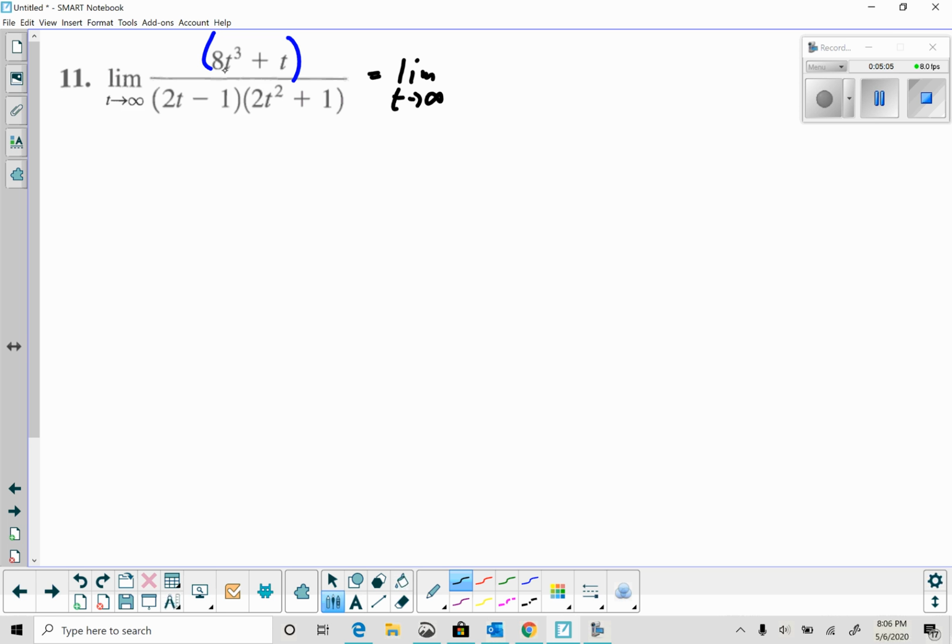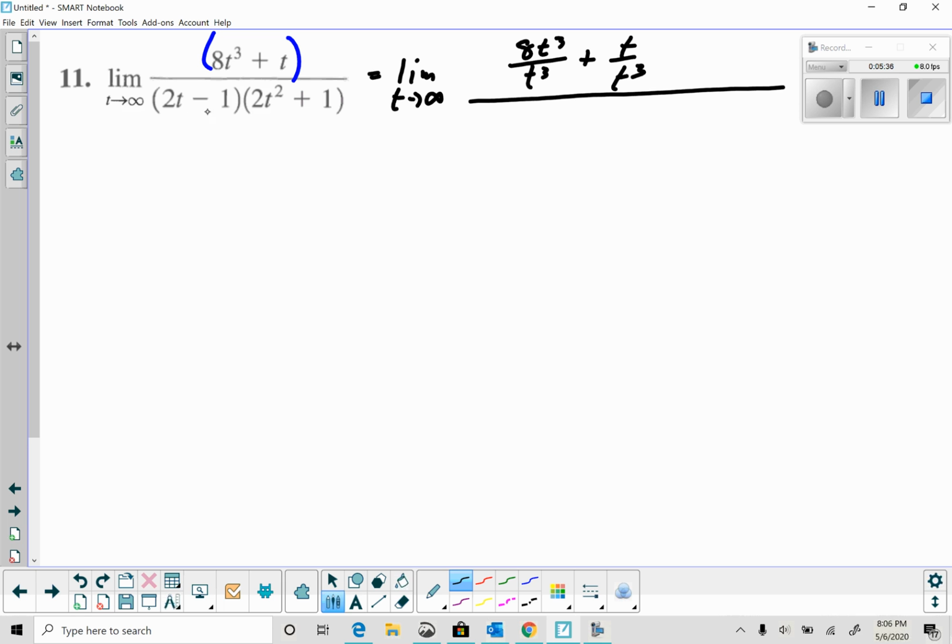Just looking at that numerator, the highest degree there is t to the third. So I'm going to take 8t to the third and divide that by t to the third, and then I'm going to add t divided by t to the third. But I'm not going to divide everything by t to the third. I'm just, again, going to take these in groups.